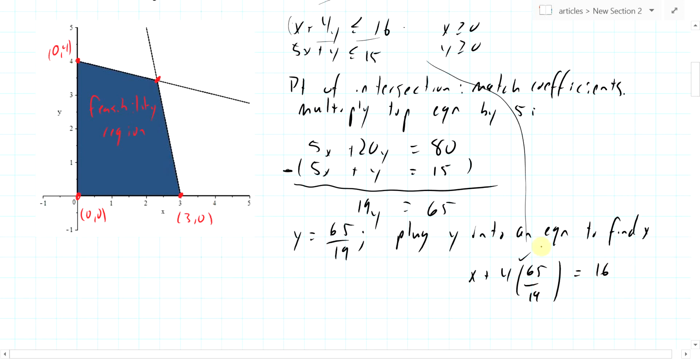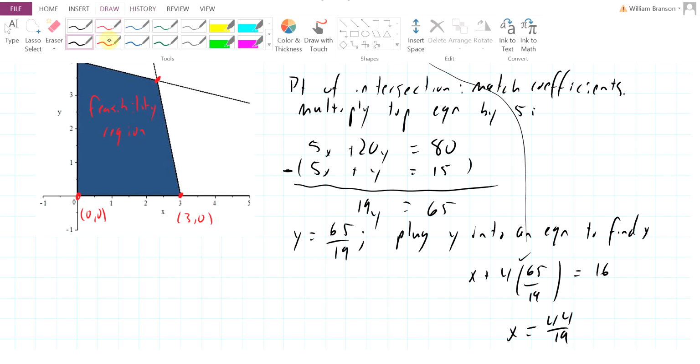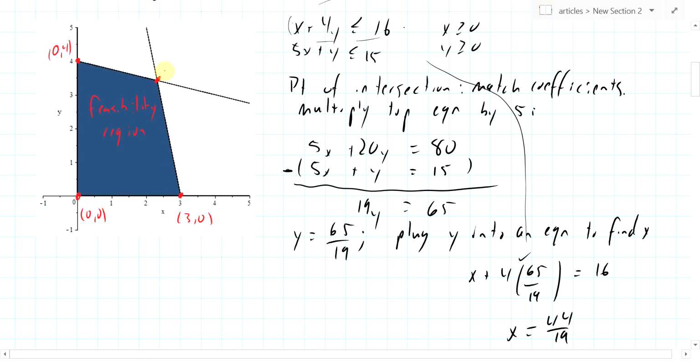So it's just plugging in this y value for y, and if you actually solve that out for x, you get x equals 44 over 19. So these two numbers are the x and y coordinate of our last point. So this intersection is 44 over 19, which is a little more than 2, and 65 over 19, which is a little more than 3, I guess. So y is a little more than 3, x is a little more than 2. So now I know the 4 corner points of my feasibility region.